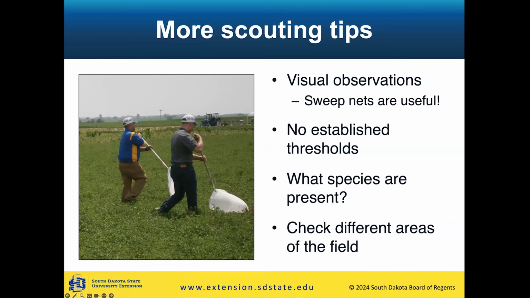If you've got some striped blister beetles, that's a much bigger concern than if you have some of those ash gray that aren't quite as toxic. And the other thing is checking different areas in the field. With blister beetles, there are usually edge effects. If your alfalfa is blooming or something, they'll come into the edge of the field, and then towards the middle it might not be so bad.